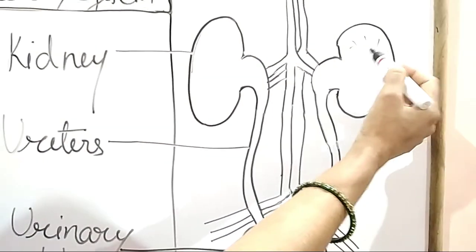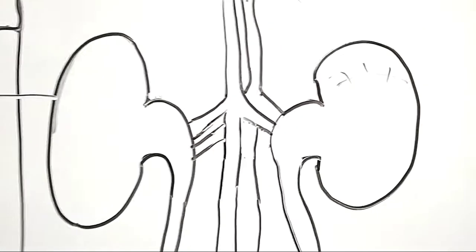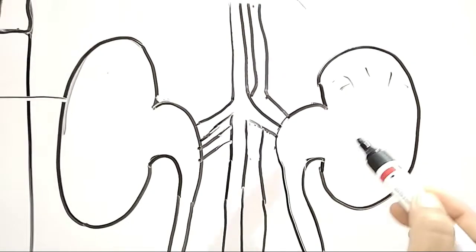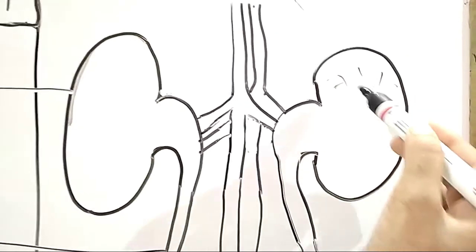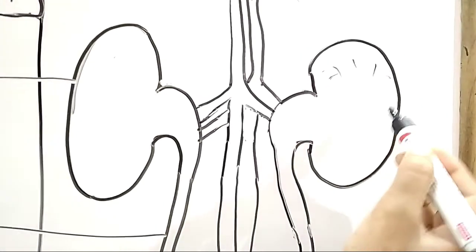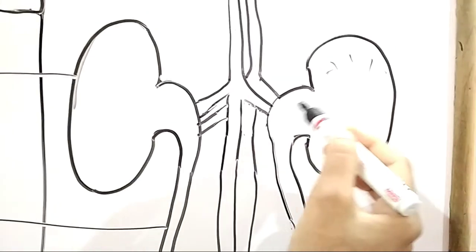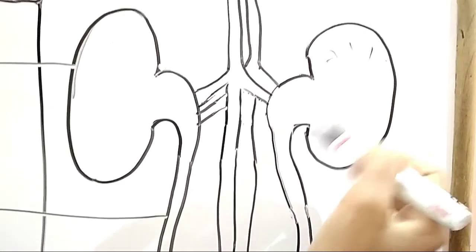They filter the blood. They take out waste products from the blood and purify, or we can say clean, the blood. After taking out waste products from the blood, they send the waste products on.